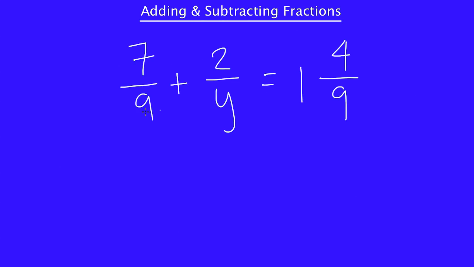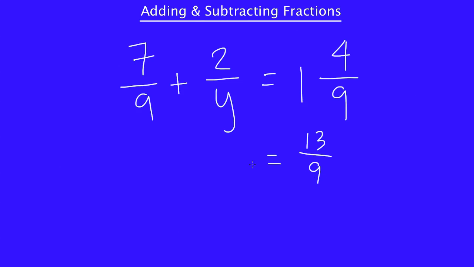And so if I were to change this mixed number into an improper fraction, of course, you should already know that the way you change a mixed number into an improper fraction is you multiply the denominator with the whole number in front, which is 1. So 9 times 1 is 9. And we're going to add the numerator, which is 9 plus 4 is 13. And so this mixed number as an improper fraction comes out to 13 over 9.